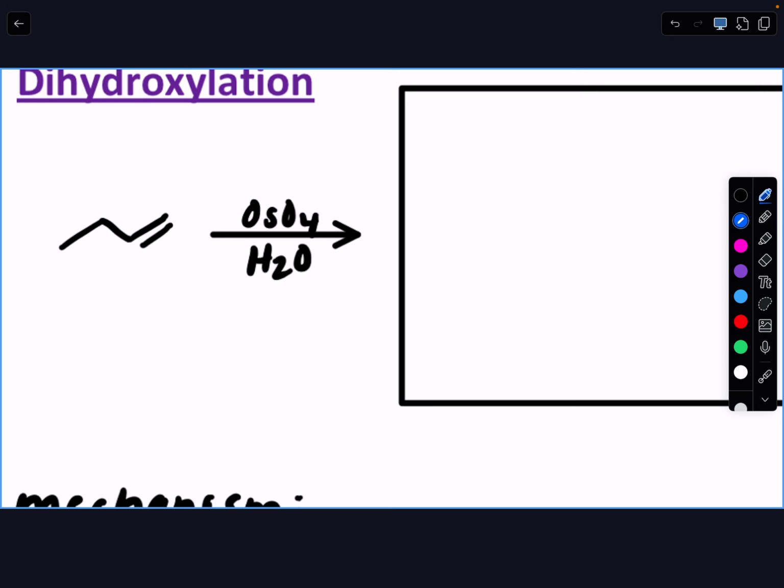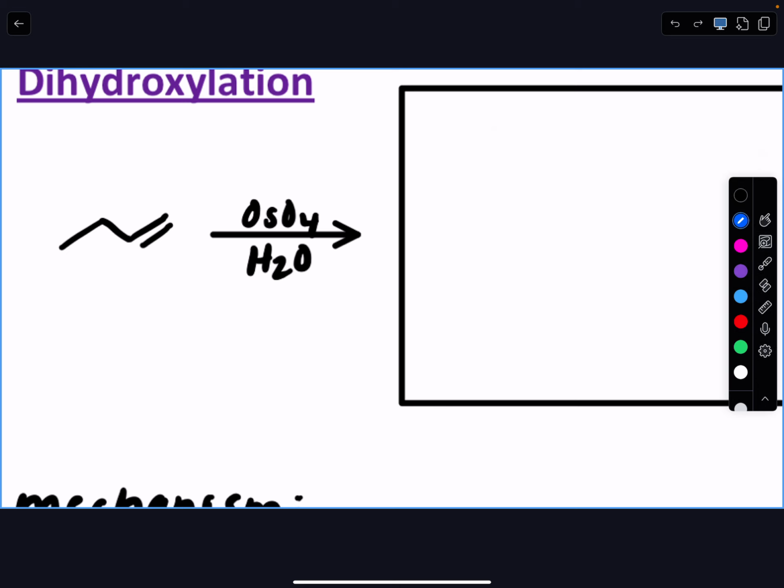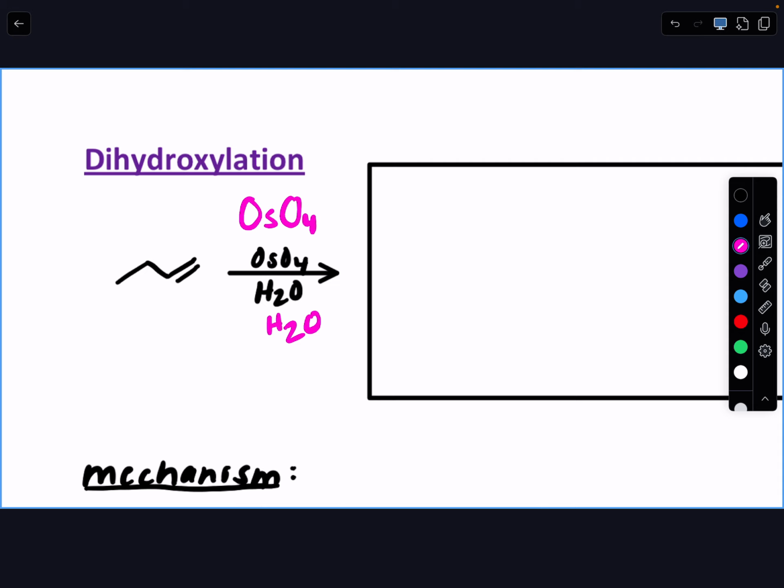OsO4, sorry. Well, that's not better. That's very large. OsO4 and then water. Yeah, my O's got a little skinny at the top.